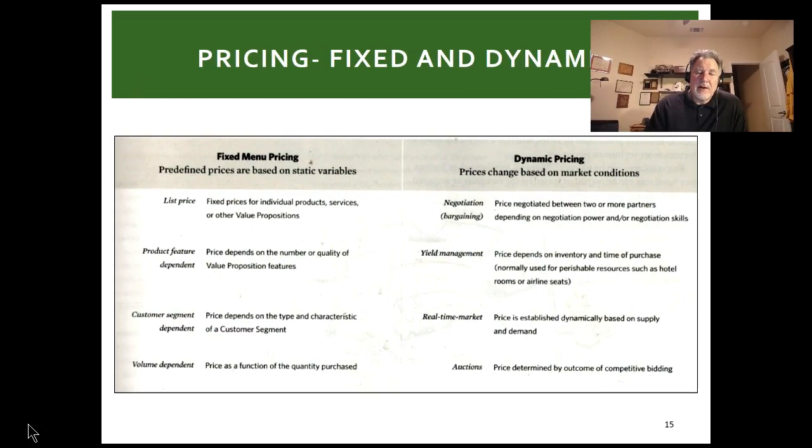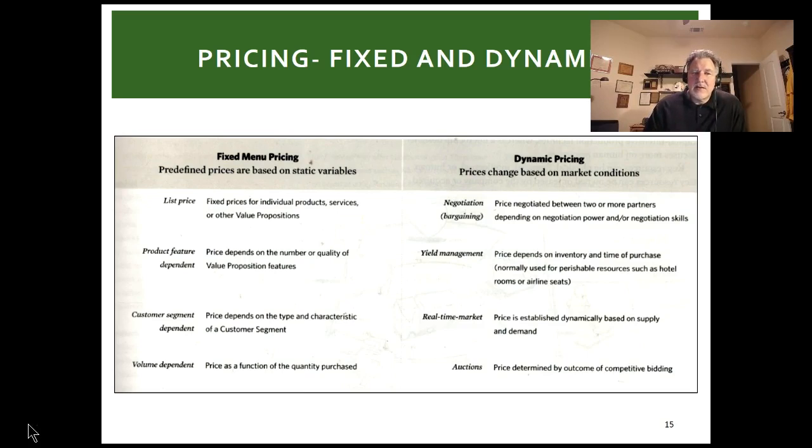Then there are different pricing schemes that we talked about. There's an actual list. You may have feature-based pricing. You may have segment-based, where depending on which segment you are, like in the hospital or healthcare business, hospitals may pay one price, whereas outpatient may pay another.